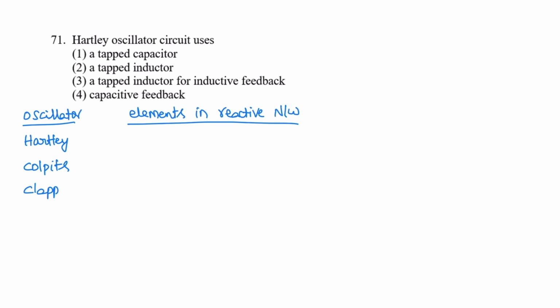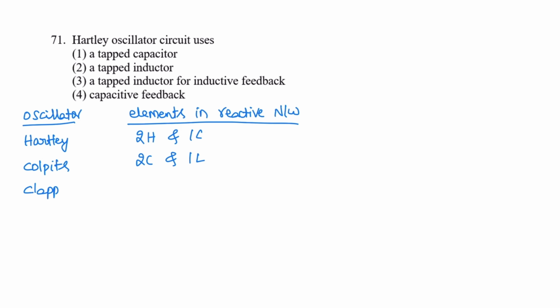Next question. The Hartley oscillator circuit uses... In a Hartley oscillator, there are two inductors in series and one capacitor. In a Colpitts oscillator, there are two capacitors in series and one inductor.